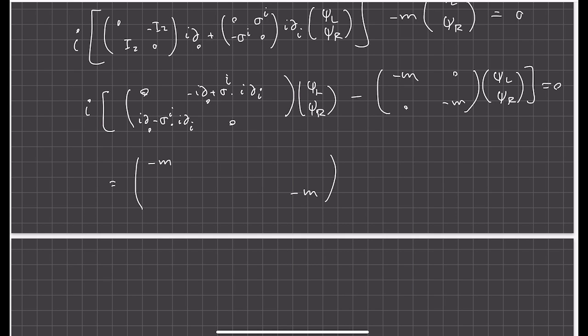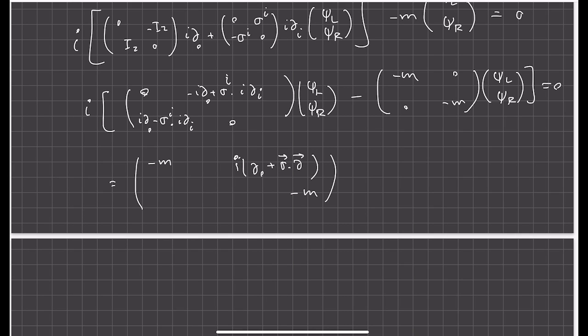and you have minus I derivative with respect to 0 plus sigma dot the derivative. So there is this I term here that we can actually take out.